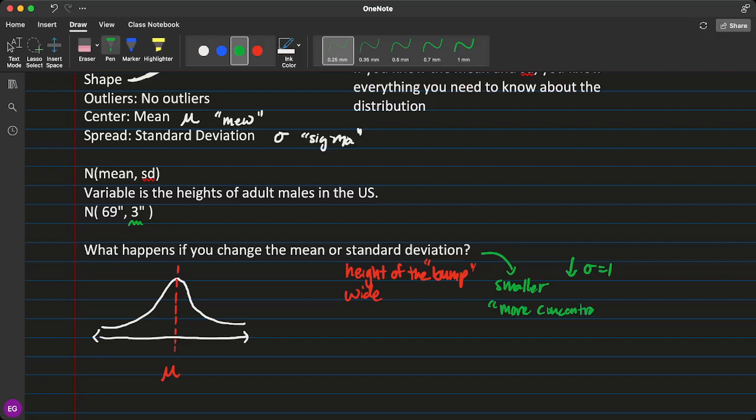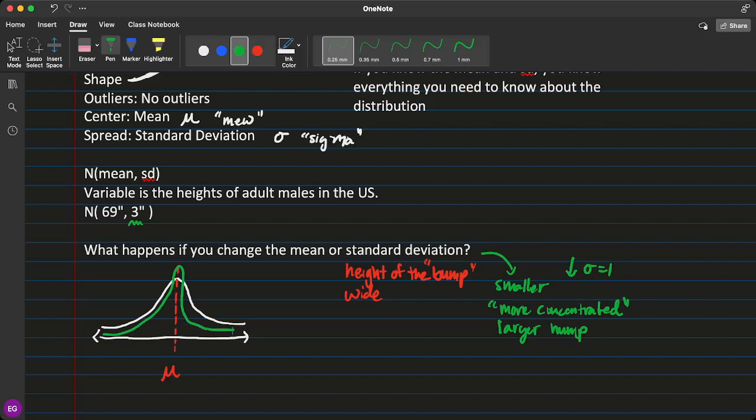Everything will be more bunched in the middle near the mean. In other words, you're going to have a larger hump. So your graph would look something like this. It'll be taller and thinner.